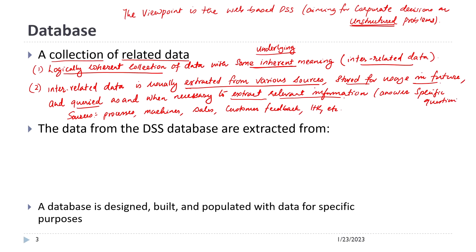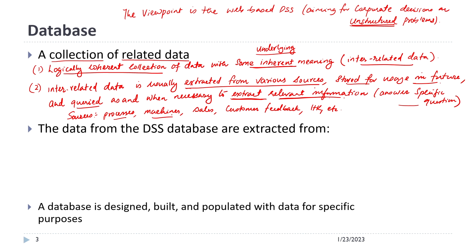Okay. So, you query the stored data to extract whatever is the relevant information for you, so that the current question in your mind can be very well answered. Okay. And where do these sources come into this? There are processes, it could be manufacturing processes, service processes, etc.